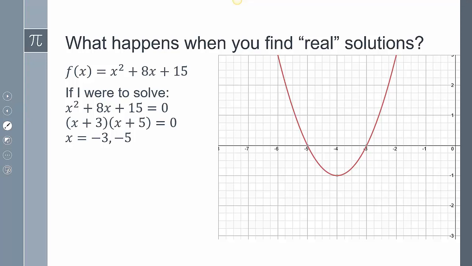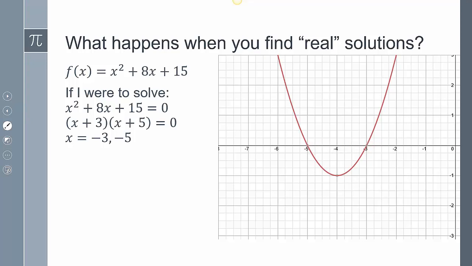Now I talked a lot about this idea of solutions and what it actually means when you find a real solution. If I were to solve this equation, f of x equals x squared plus 8x plus 15, I did it by factoring. So x is negative 3, x is negative 5. Notice that's where it crosses the x-axis, at negative 5 and negative 3.